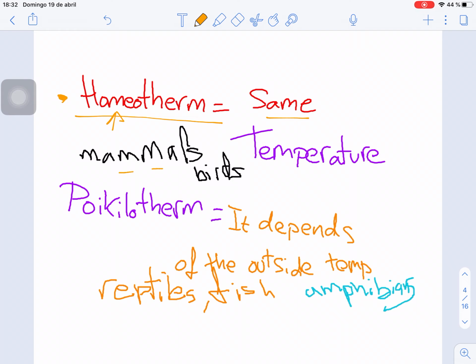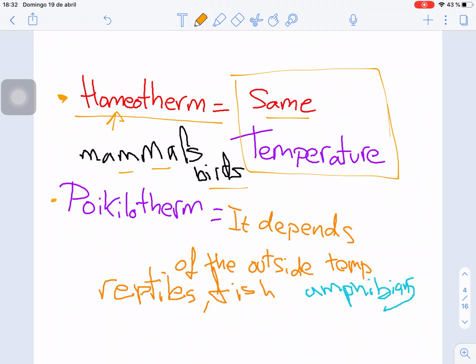Examples are mammals, like us, and birds. What does it mean? That they have the same temperature and they don't depend on the outside temperature. For example, you have 37 degrees in your body and it doesn't matter if it's winter or summer.